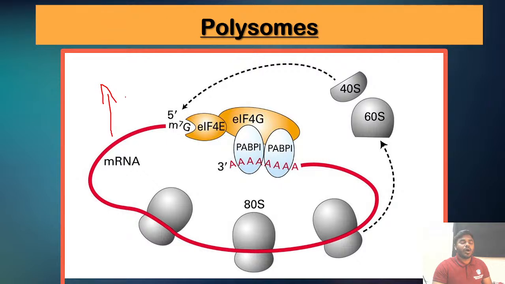But how many ribosomes can be associated? Many ribosomes. See, this is one ribosome complex, this is another ribosome, this is another ribosome. Most of the students will get confused that these ribosomes are synthesizing different proteins. That is also an absolutely wrong statement, friends. This particular ribosome synthesizes a polypeptide, here also a polypeptide, here also a polypeptide. All are the same polypeptide only.